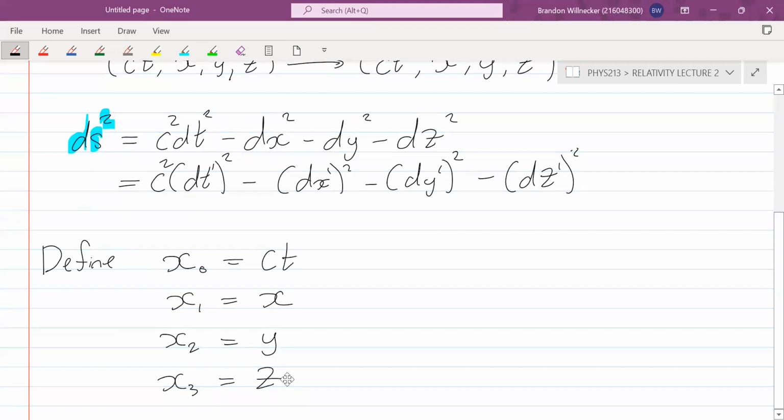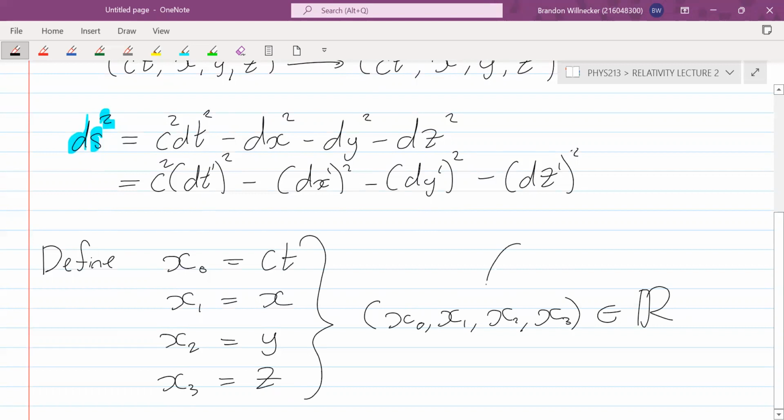So you see we're kind of unifying these into one variable x. So altogether, the label of a space-time point is going to be x naught, x1, x2, x3. Okay, this is our space-time coordinates.